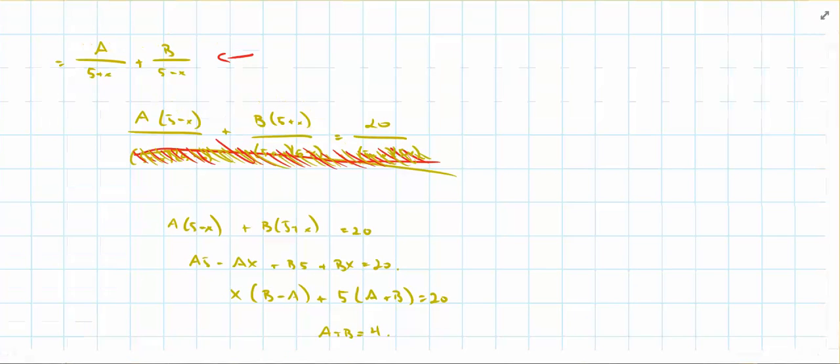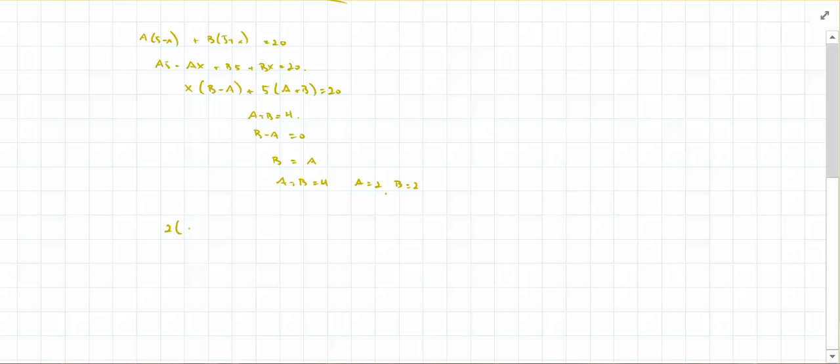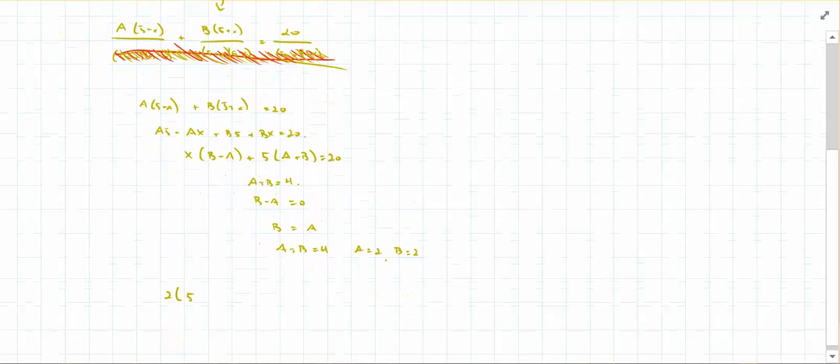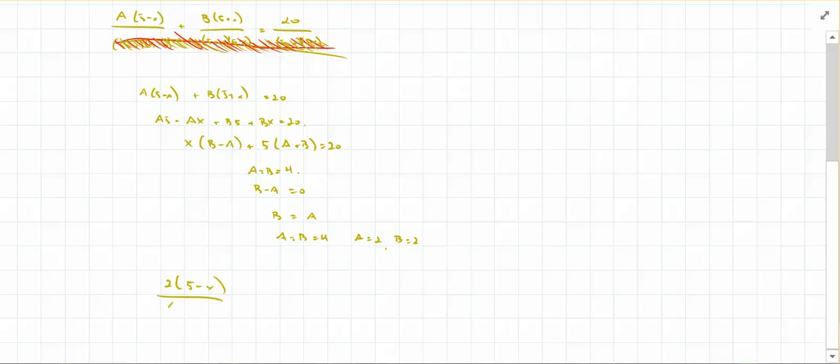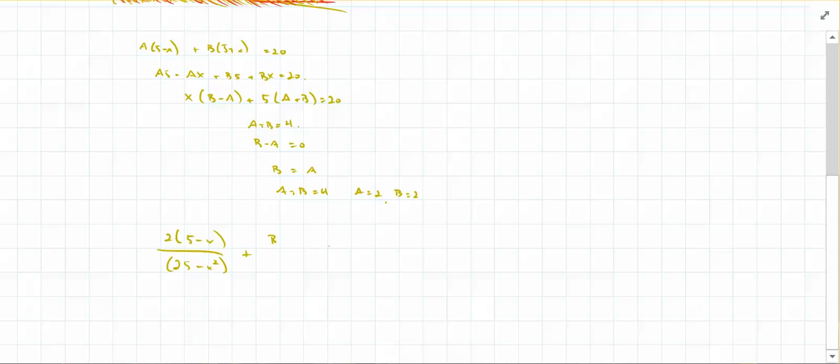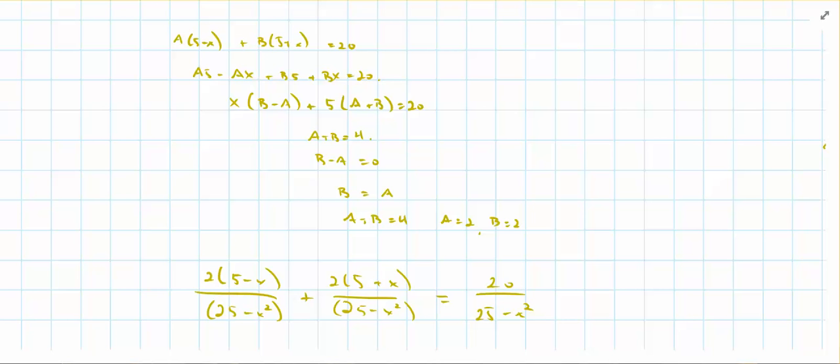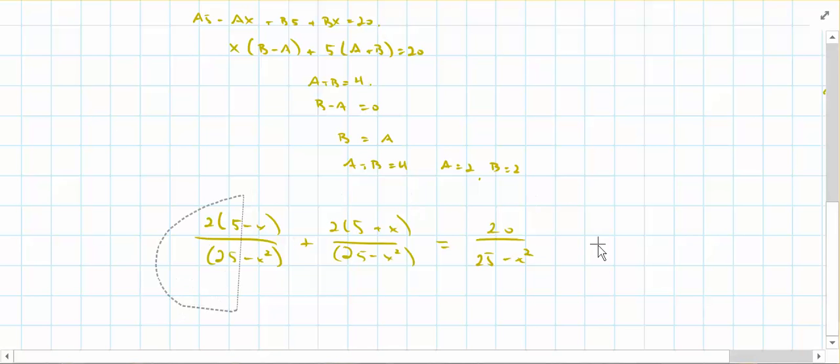Bringing this downward is now 2 times 5 minus x over 25 minus x squared plus B, which is now 2 times 5 plus x over 25 minus x squared is equal to 20 over 25 minus x squared. I apologize for that, this is actually a mistake right here.